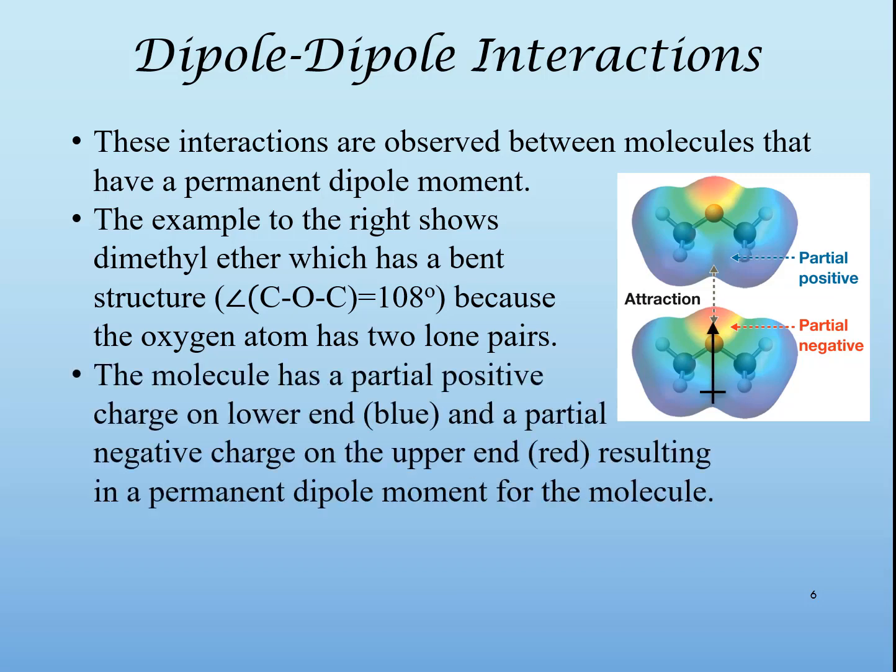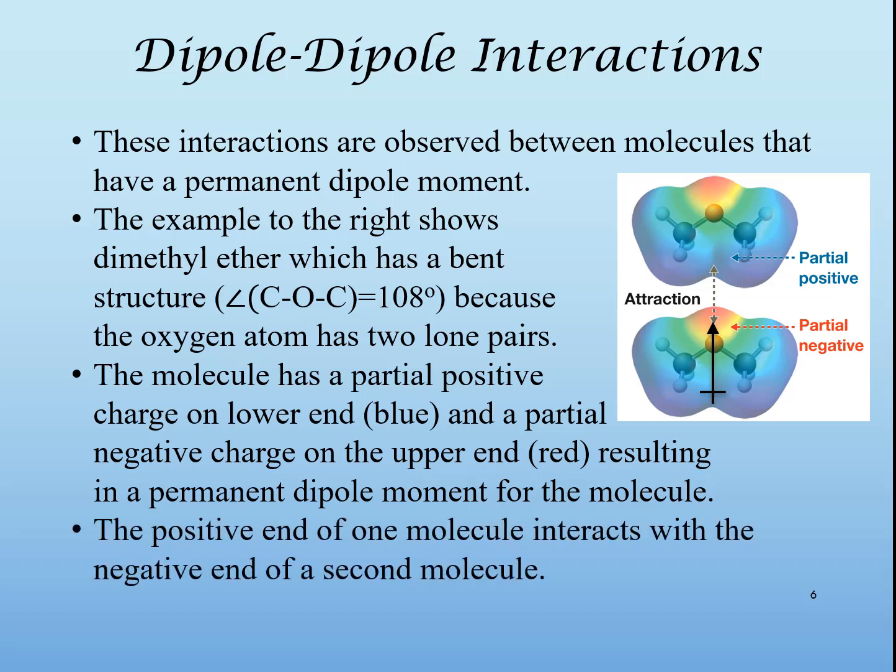As a result, we're going to get positive ends on the lower side and the negative end on the oxygen. As a result, the molecule has an overall net dipole, and the molecules interact, alternating positive and negative sides due to the electrostatic interaction.